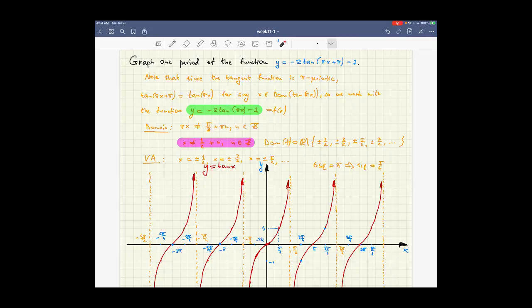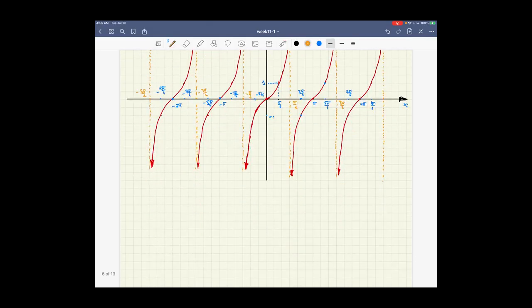Well, because of the factor pi in front of x, we must perform a horizontal compression by a factor of pi.